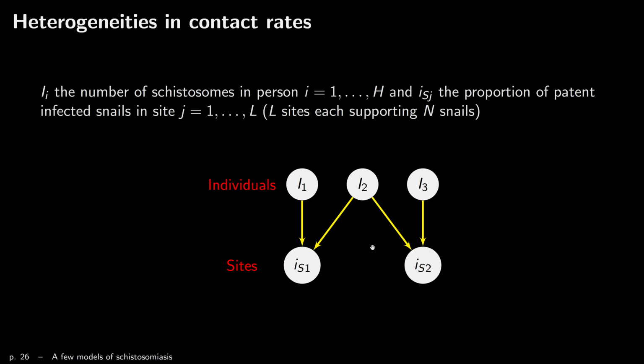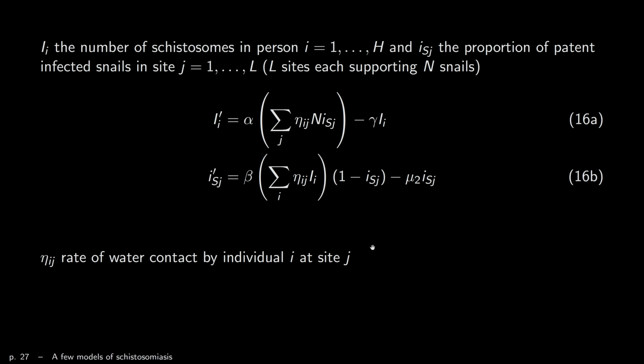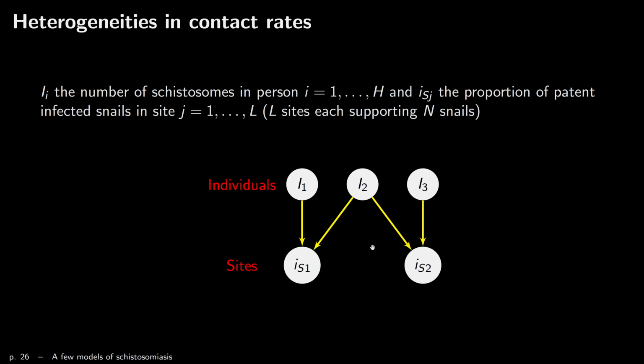Okay, and that's actually, I have to say, I didn't know this model. I like it quite a lot because I have done this type of thing for malaria, for example. But for malaria, it's difficult to think of mosquitoes as acting in a single place.